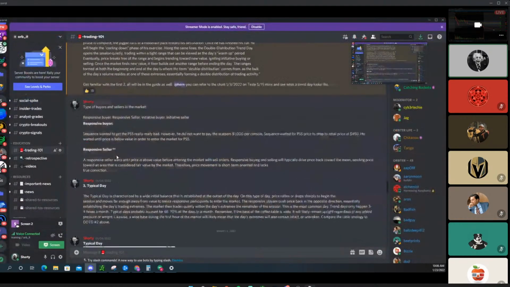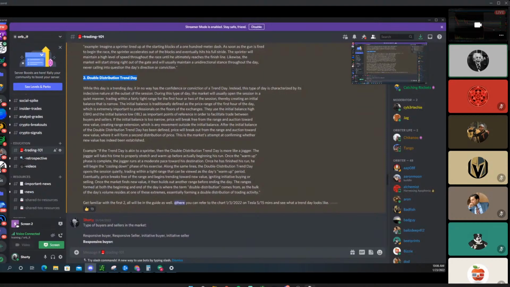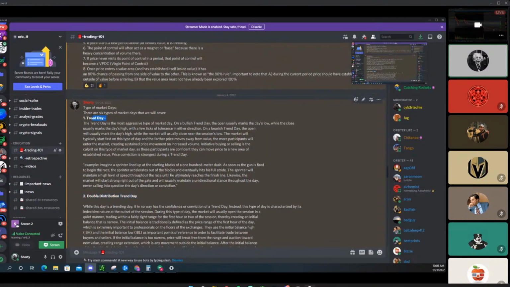So it's basically two ranges. I'll post some pictures on here as well, and it's in the guide that I'm building, so you guys should be able to recognize it. And then you have the trend days. These are the rarest days that we have. When you have a trend day, think of a sprinter, like I gave you guys a couple of analogies. He's literally running that dash, accelerates, takes a little stop, and then just continues going.